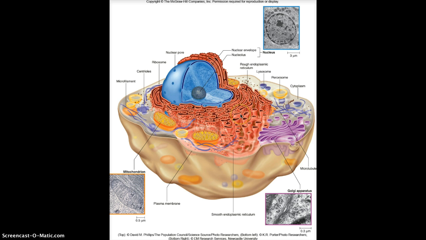They are both composed of long membranous sacs, and they both allow molecules to move around the cell. The main difference between them is that the rough endoplasmic reticulum contains ribosomes. So they're actually studded here on the outside of the endoplasmic reticulum, and that's what makes it essentially rough.